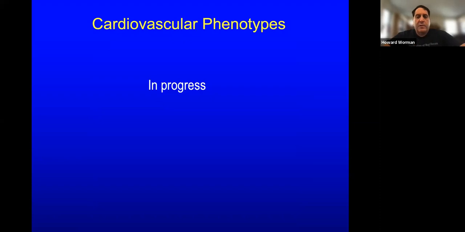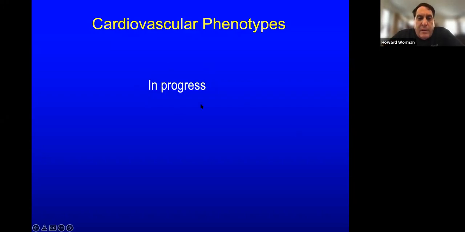Cardiovascular phenotypes, as you know, in HGPS, this is the really lethal problem that kills the children. And in mandibuloacral dysplasia, it's less clear. There's been so few cases. There's only been a case report or two of people dying from early cardiovascular disease.